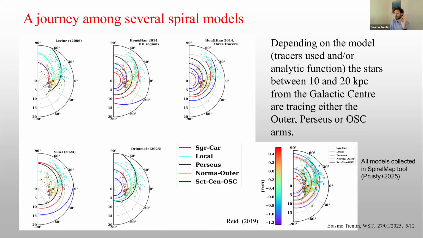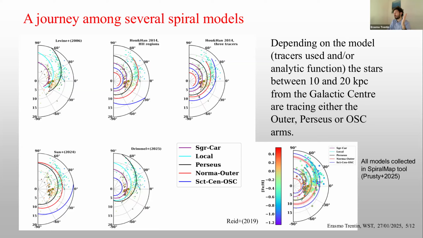For the most internal ones, so the Scutum, the Sagittarius and the Carina arm, there is quite an agreement among all the models, so these internal red, blue, and magenta spirals.